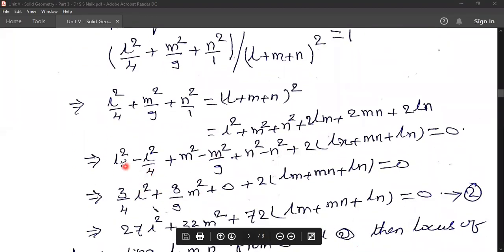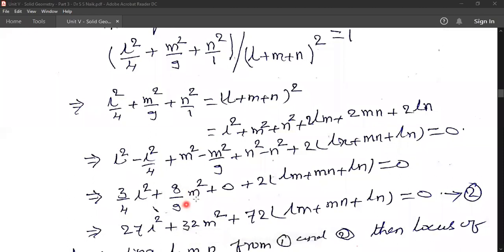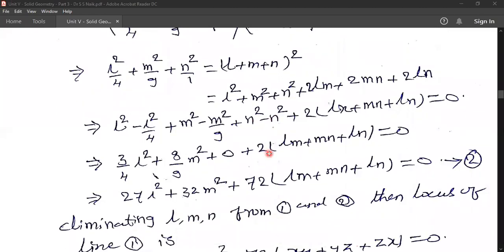The value of this is l squared minus l squared upon 4, which is 3l squared upon 4. Similarly, m squared minus m squared upon 9 is 8m squared upon 9. n squared and n squared get cancelled, that is equal to 0. And this is 2 times (lm + mn + ln), equal to 0 on the right hand side.